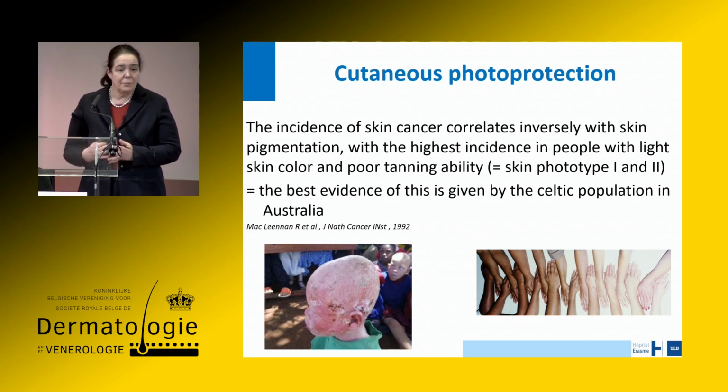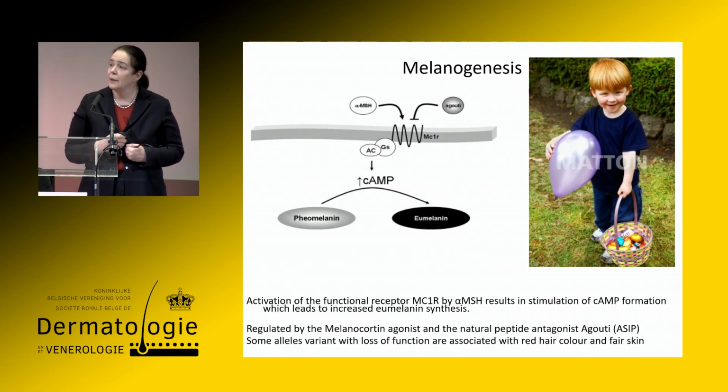The best evidence was given by the Celtic population, the English people from the UK who migrated to Australia, where the incidence of skin cancer totally changed, because they were exposed to the most aggressive UV in Australia. This is one of the proofs that we had that skin cancer was induced by UV exposure in light skin.